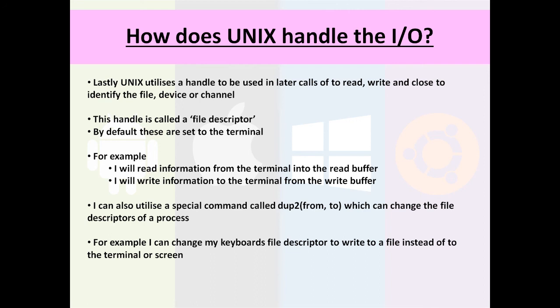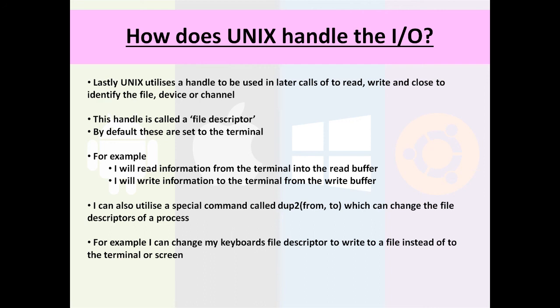Now this is just a little bit of fluff on top, but how do we set these file descriptors? Well, within a program you can utilize a special command called DUP2, and it takes two inputs, from and to, which can change the file descriptors of a process. For example, I can change my keyboard's file descriptor to write to a file instead of the terminal or screen.